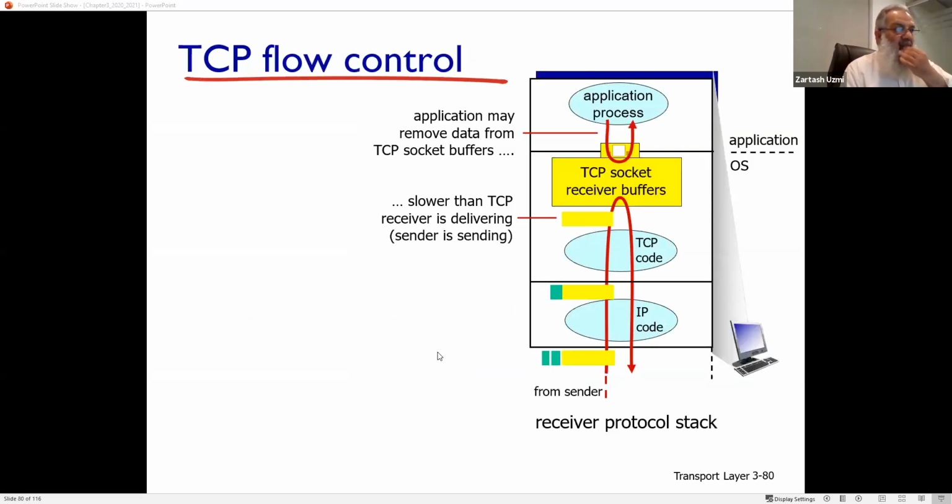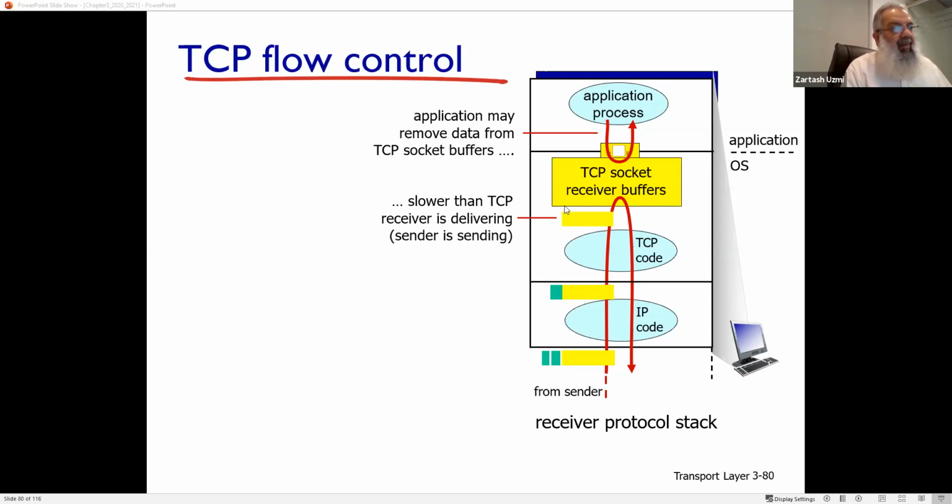Okay, so flow control is very straightforward. The application process is going to write to the TCP socket. You have a receive buffer, and below it the TCP code, and then the IP layer below that. So this is the receiver protocol stack. When the receiver protocol stack receives data from the sender, it pushes that up to the receive buffer.